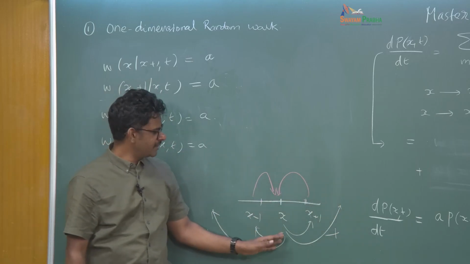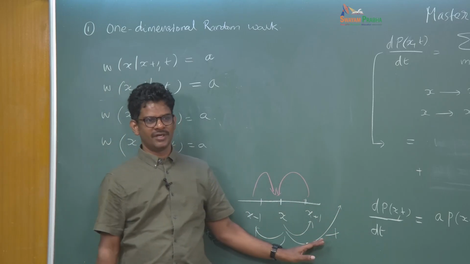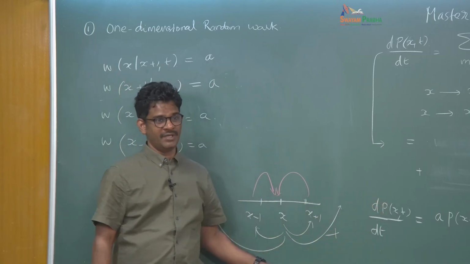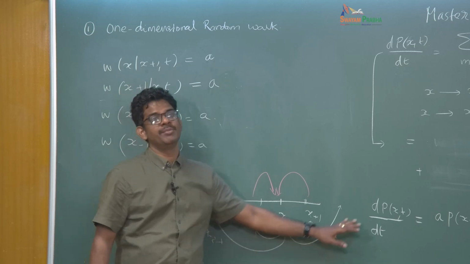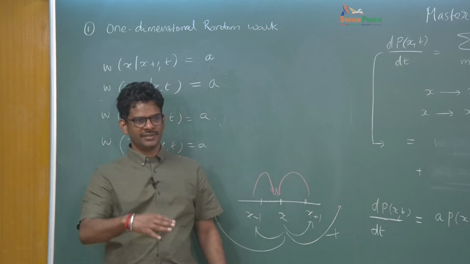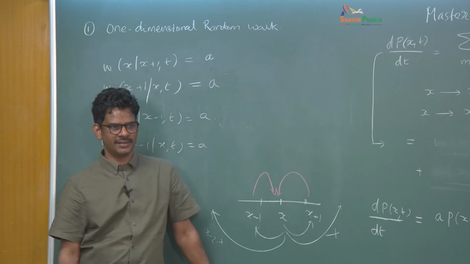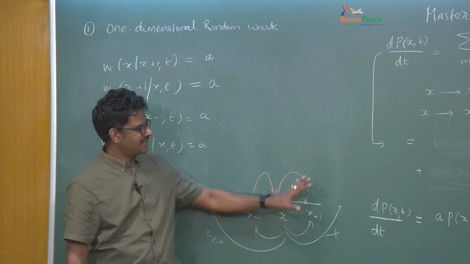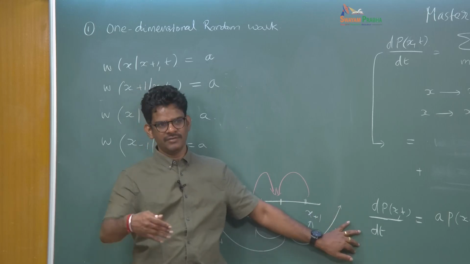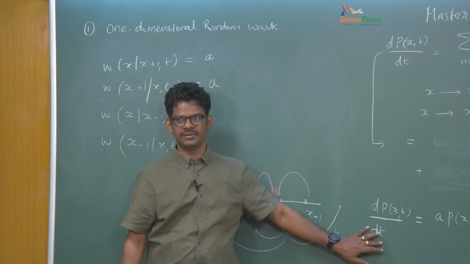Or you may want to say that the step change can also not be a unit distance. You can have super diffusive behavior where once in a while the step can be 2 times the unit length. A lot of variations is possible depending upon what process we want to model. Okay, but it's very important to understand this very basic level theory, and then you can always adapt and modify to different situations.